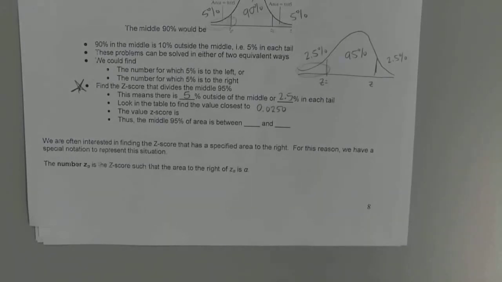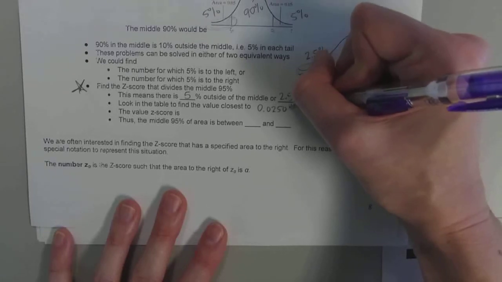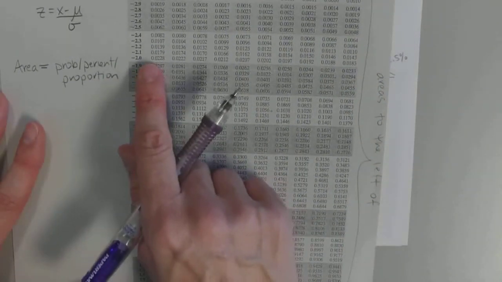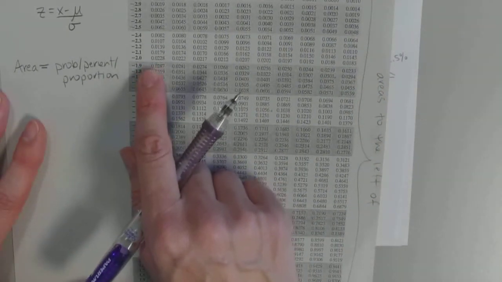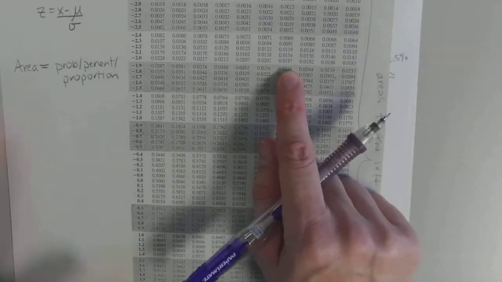I think this is one where you actually nail it right on the head. If you look in your z-chart for 0.0250, you'll find it. All I did, guys, was change my percent to a decimal so that I could use my chart. So if you scroll down, 0.025 is right here.